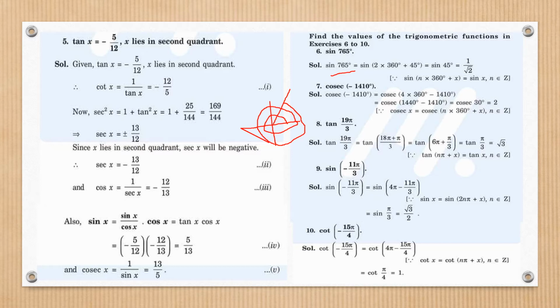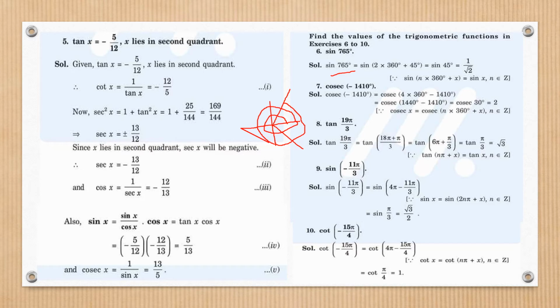Because it is negative, 4 rounds you are taking, and 360 minus will be lying in the fourth quadrant, where cosecant is negative, so it will be minus cosecant 30 degree, that is minus 2.